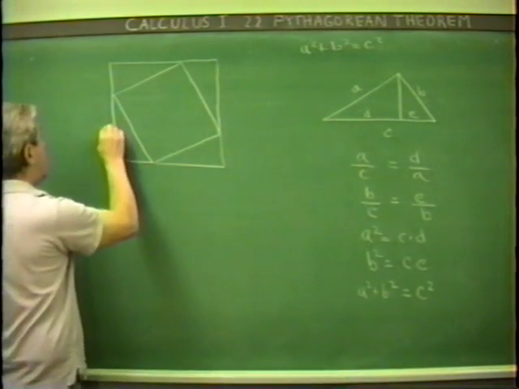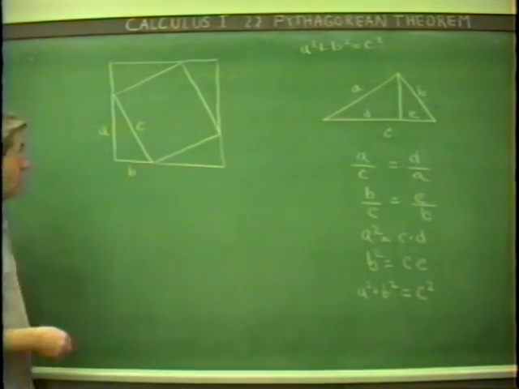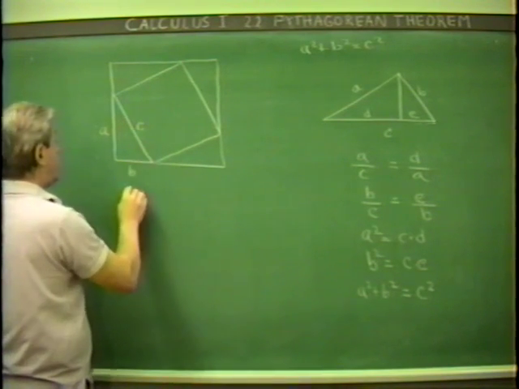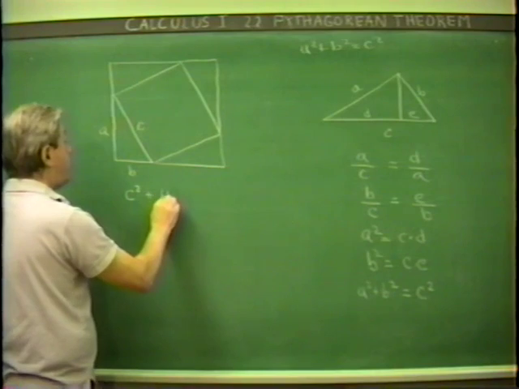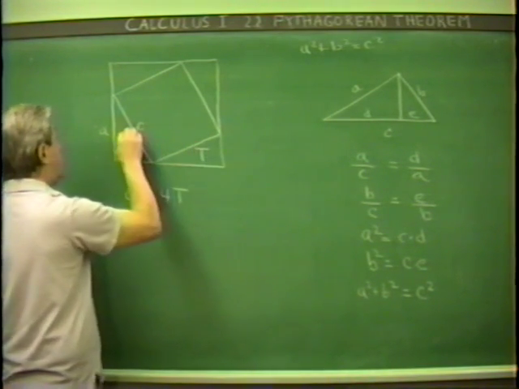If this is A, and this is B, and this is C, then the area of this whole thing is equal to C squared plus 4 times the area of a triangle, where this is the triangle T here.